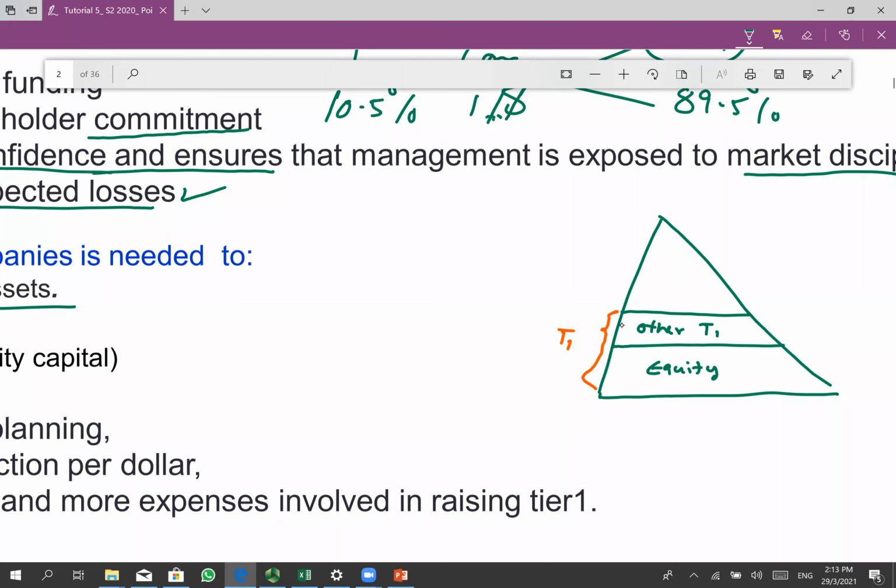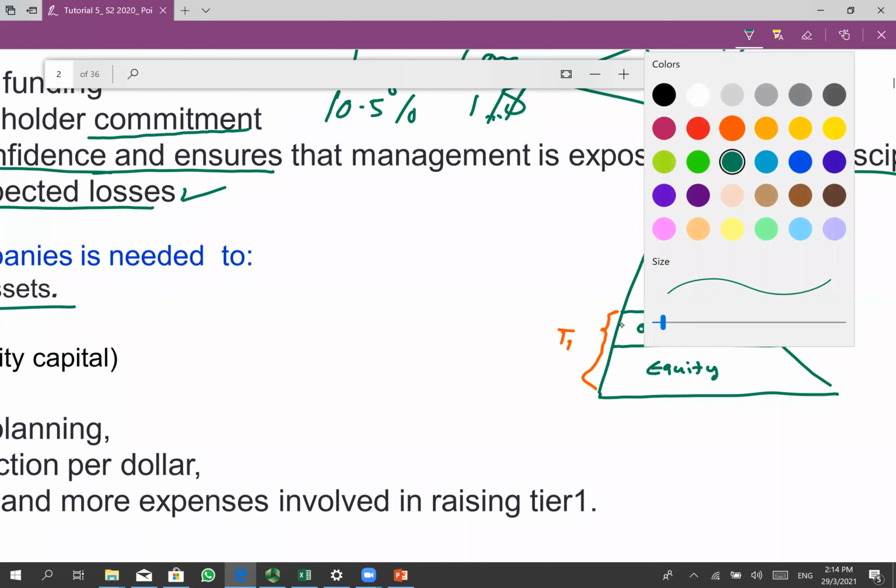Now, after that, we will go to this area, which is called tier 2. Tier 2 includes, for example, non-cumulative preference shares, and here, cumulative preference shares. If you look at the items of tier 2, it is different from this.